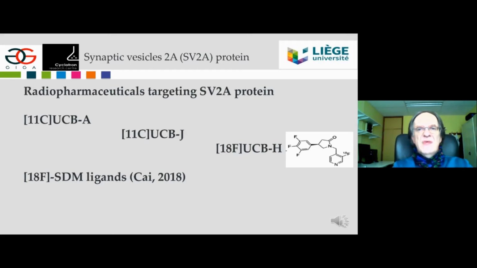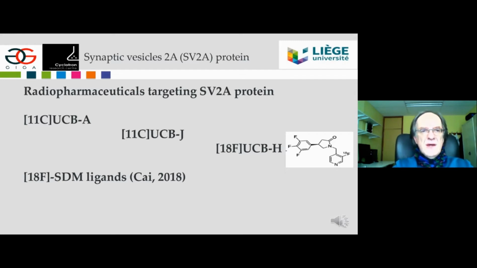So remember that we in Liège are very keen on using 18-fluorine because of its longer half-life, 2 hours, which means that we can make several studies with the same batch, and we can try to design multi-center studies.